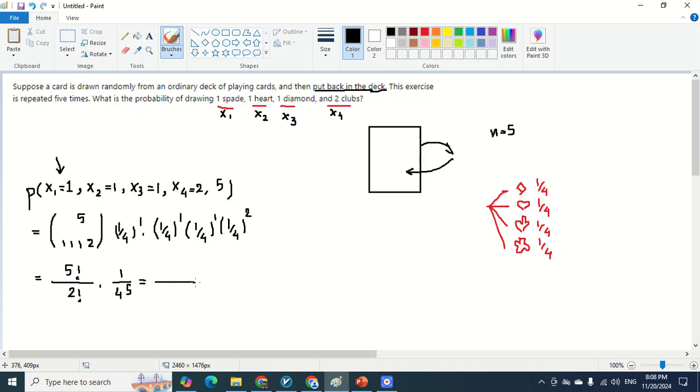So we can rewrite that as 5 times 4 times 3 over 1024. So it will be 60 over 1024. You can simplify it more than this, but it can give you some idea. If you round the denominator up to 1000, you can find the answer as well.